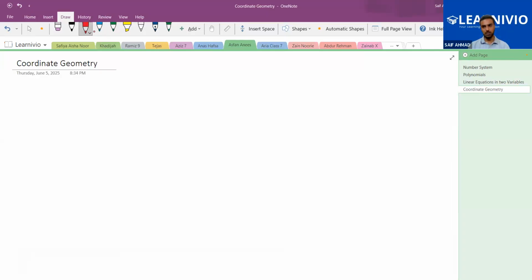Sakshi, you have understood the chapter linear equations in two variables? Yeah. Tell me if you have any doubt in this chapter. Till now, no. Sir, will we start with coordinate geometry or lines and angles? We are starting coordinate geometry. Any problem?